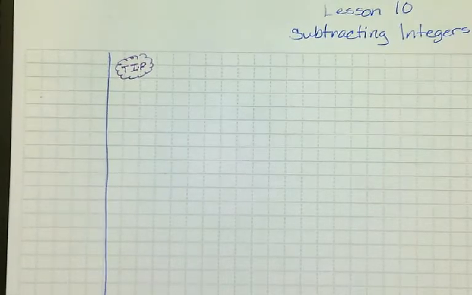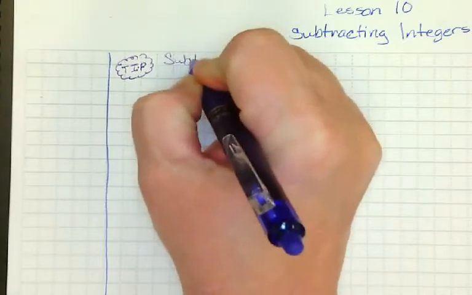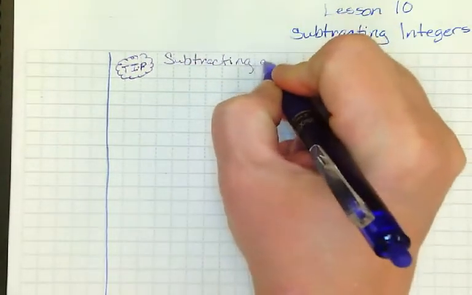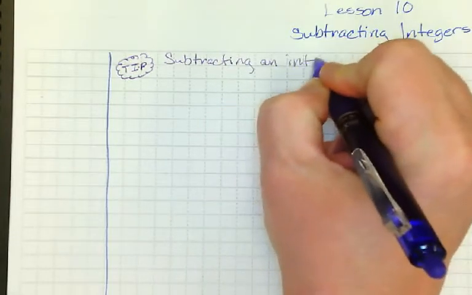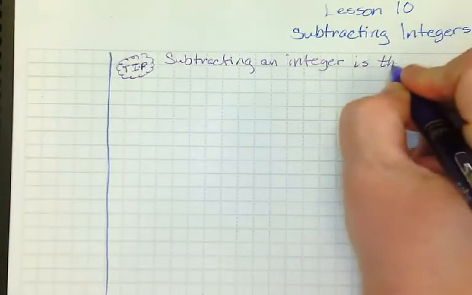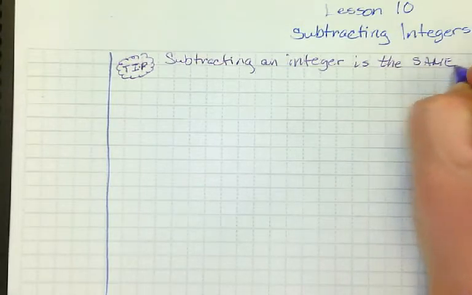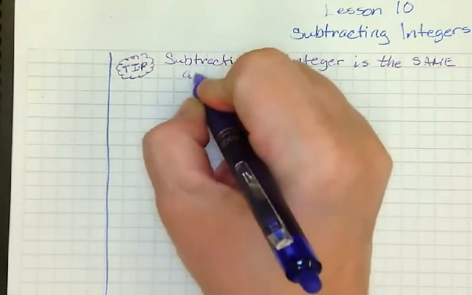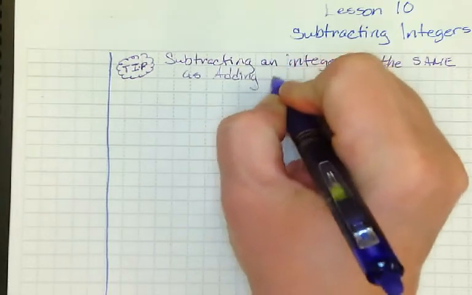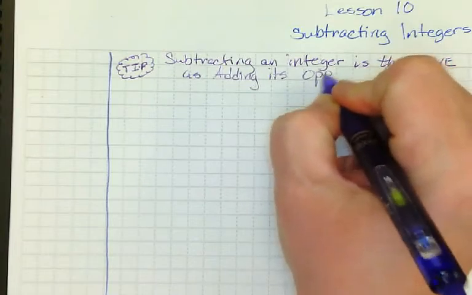So, here we go. Your tip is: subtracting an integer is the same as adding its opposite.